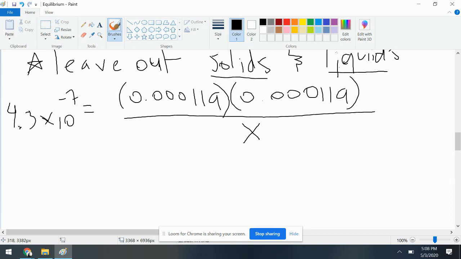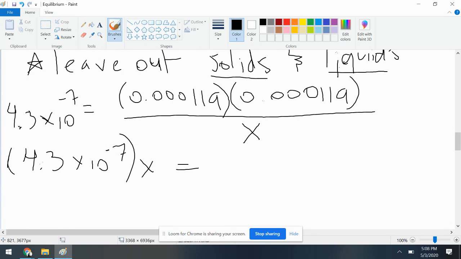Okay, so let's make sure we solve for it. I think it's pretty straightforward. I'll just do the work for you all: 4.3 times 10 to the negative 7, times X, set equal to 0.000119 squared, or you just multiply it by itself.